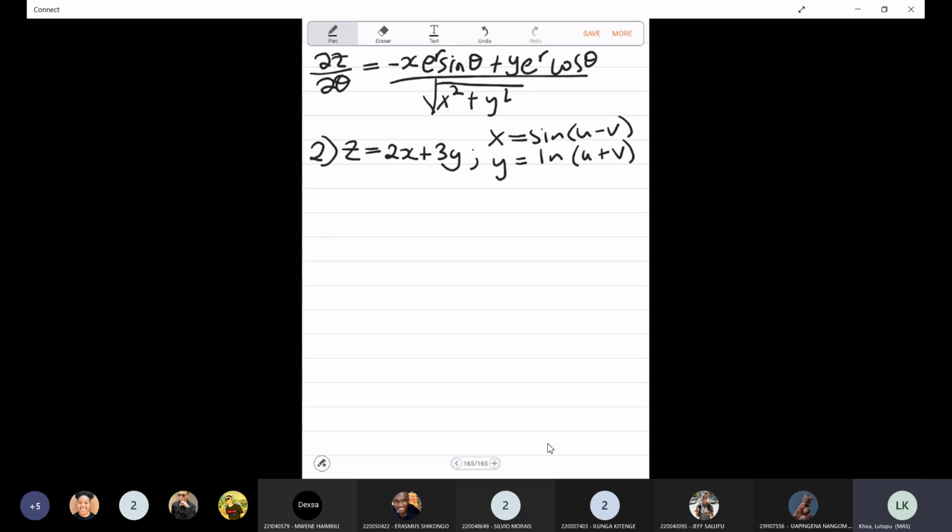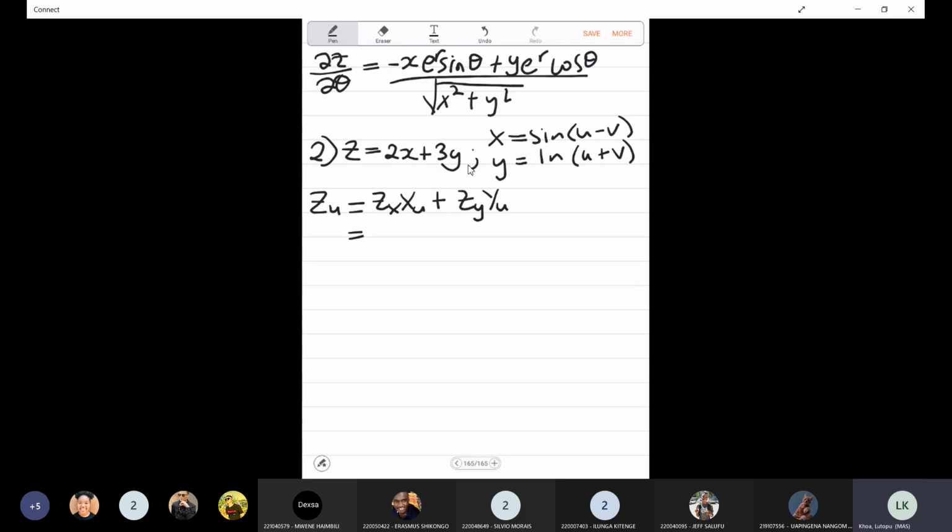Then we have to find the total derivatives. We start with z with respect to u. So first differentiate with respect to x, then x with respect to u, z with respect to y, and then y with respect to u.